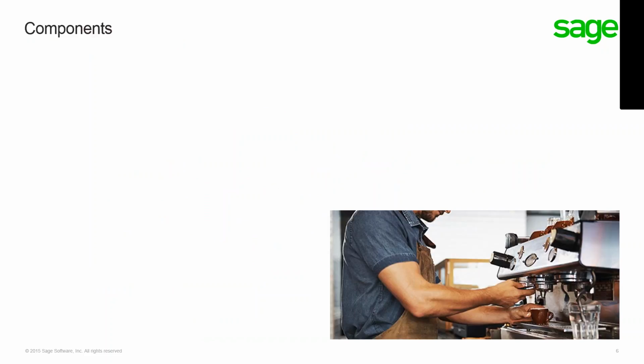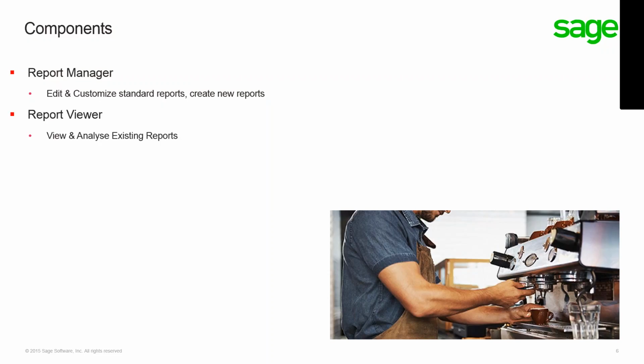Right, so now we're going to take a look at the components. Probably the one that you will live in the most will be the Report Manager. Report Manager is where you will actually be able to edit and customize standard reports and create new reports.